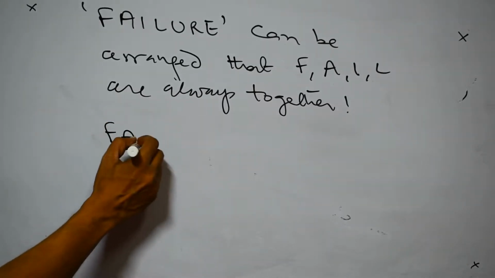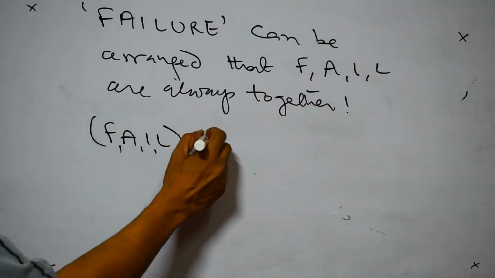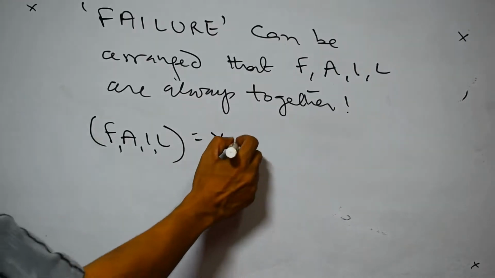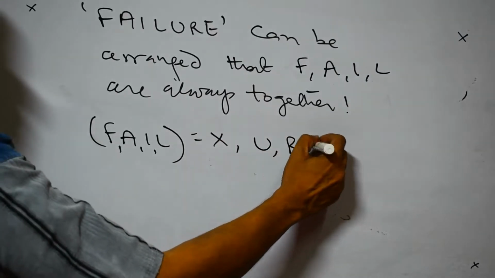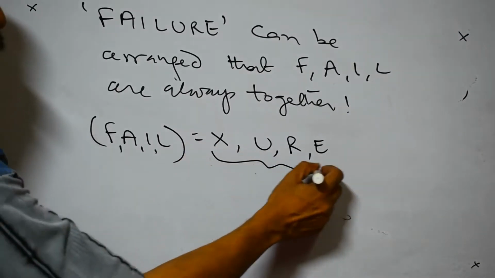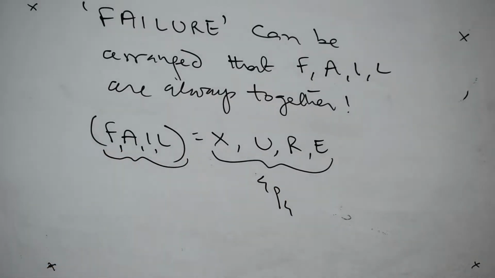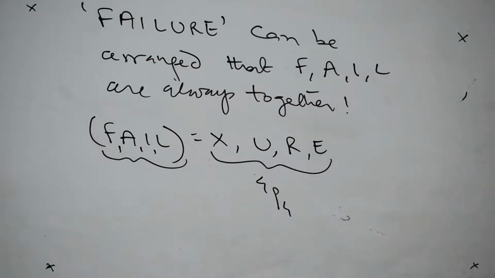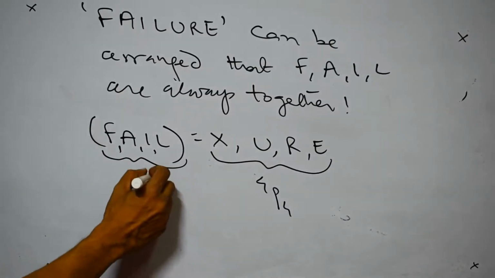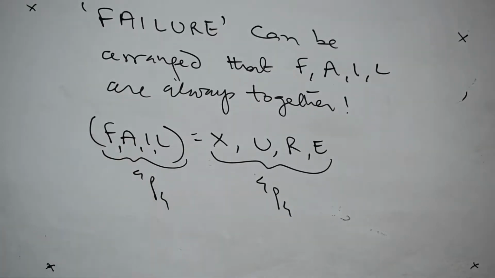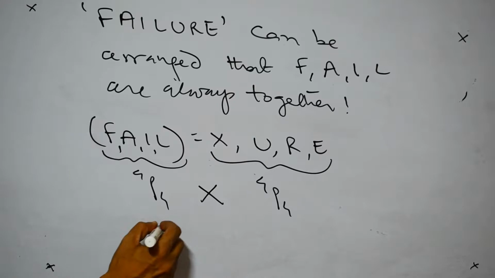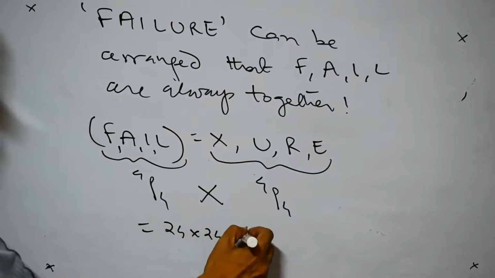So let F, A, I, L, these 4 letters, be taken as X. And then we have U, R, E, so a total of 4 different letters in this part, which is 4P4. But in this other portion, these 4 letters, not specifically fail, can be arranged in other ways, and that will also be 4P4. And since both are arranged together, we use the rule of and, that is multiply. So our answer will be 24 into 24, that is 576.